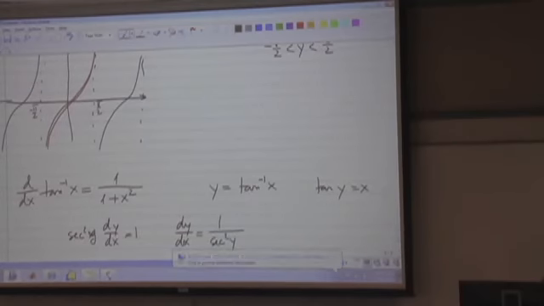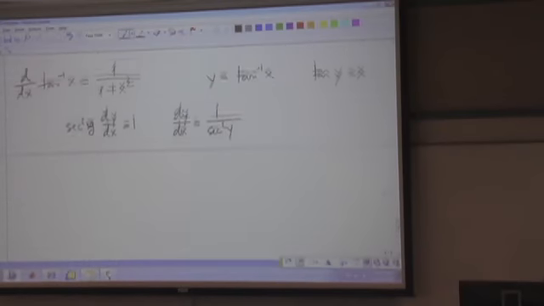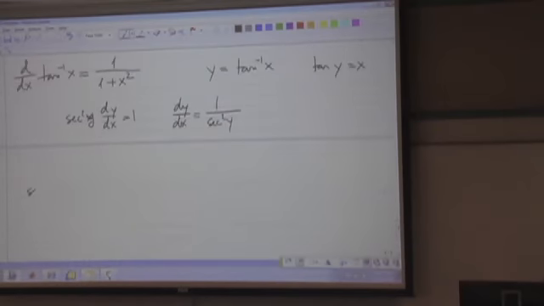Now trigonometric identities give us that 1 plus tangent squared of y is equal to secant squared of y.